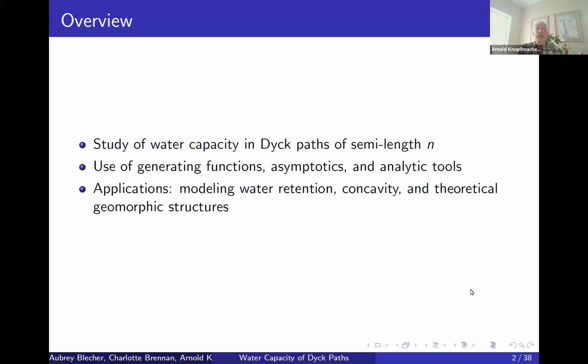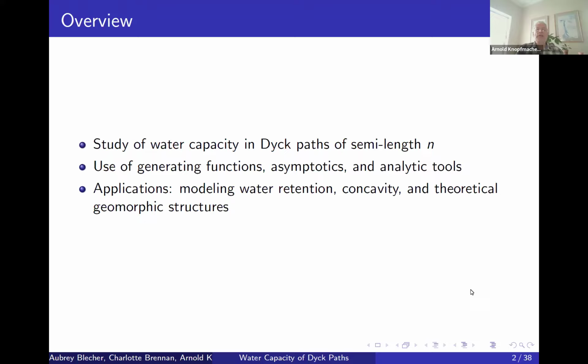And then if we can, we try not to leave the answer just as a complicated generating function. We try, if possible, to extract the coefficients from the generating function, because that's the actual answer to the counting problem. And for that, one uses asymptotic methods and analytic tools.